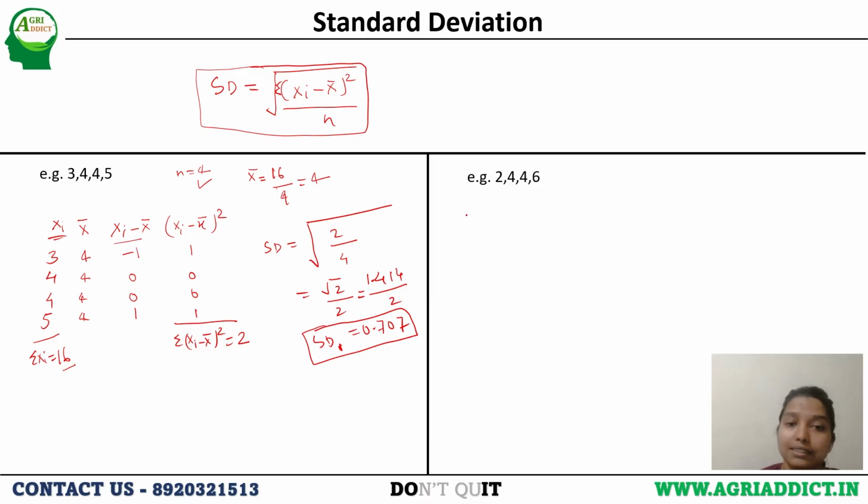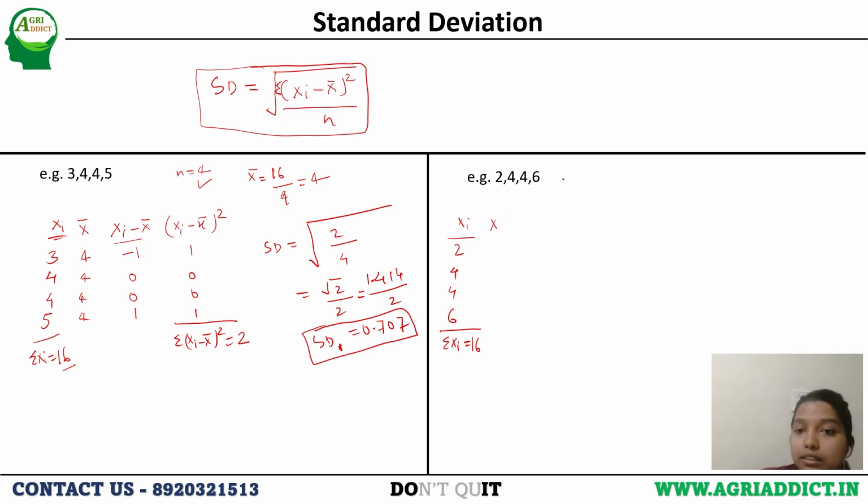Okay. Now in the same way we have to calculate this. We'll arrange xi as 2, 4, 4, 6, and we'll do the summation. The summation of xi will also be 16. So we have the same summation.